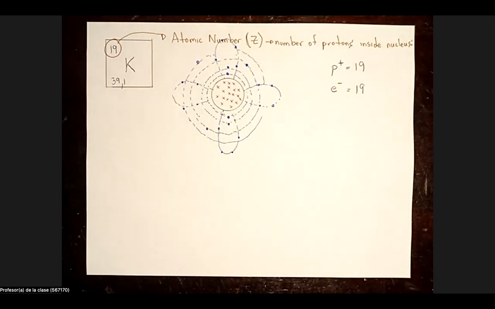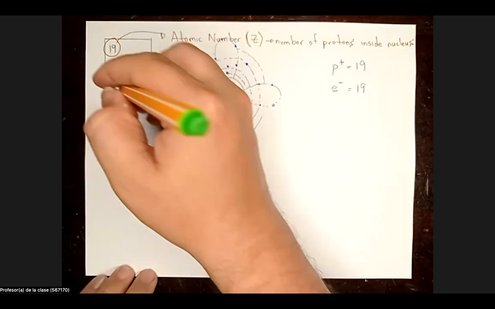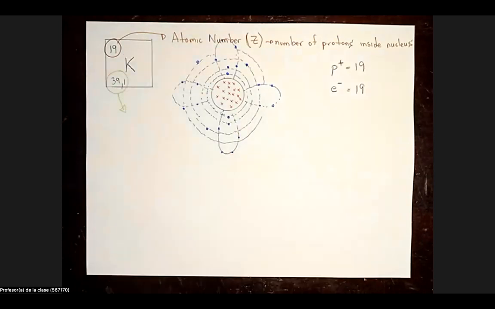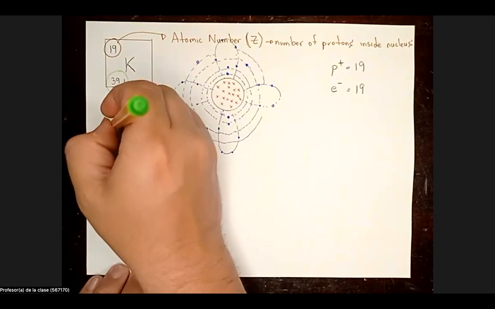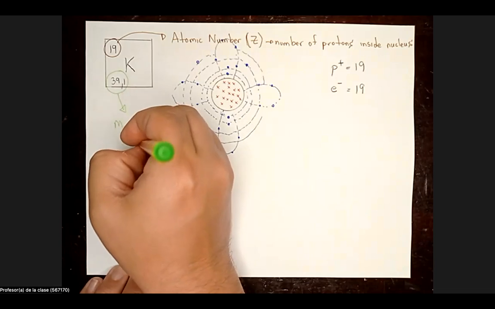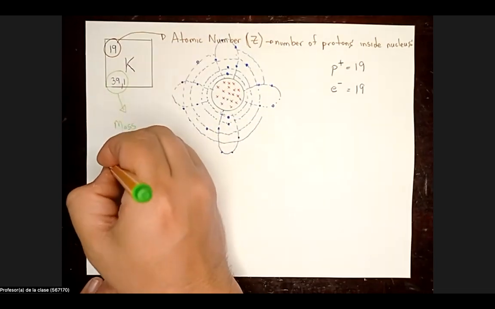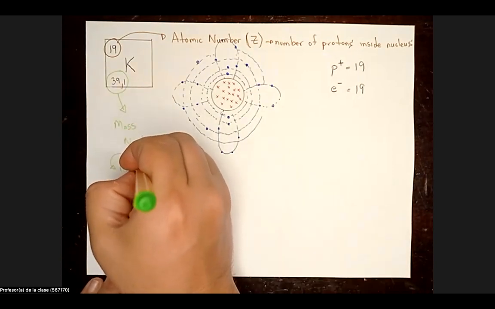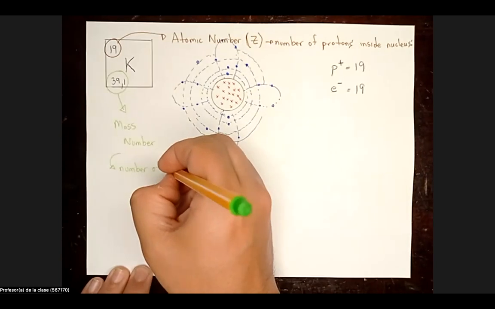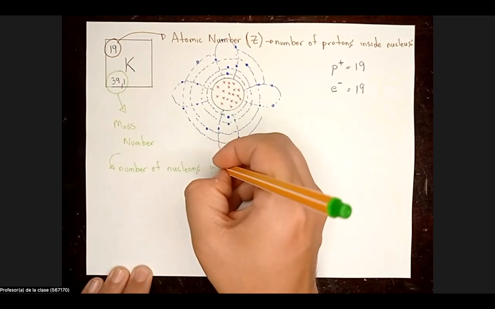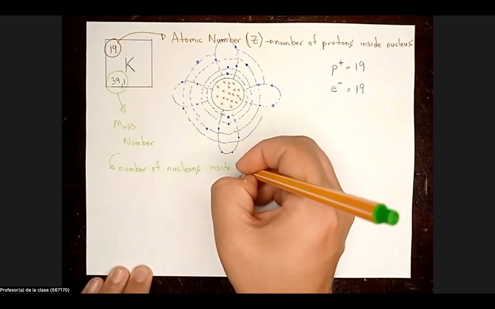And of course, this number 39.1 also has information that tells us this is the mass number. The mass number is the number of nucleons inside the nucleus.